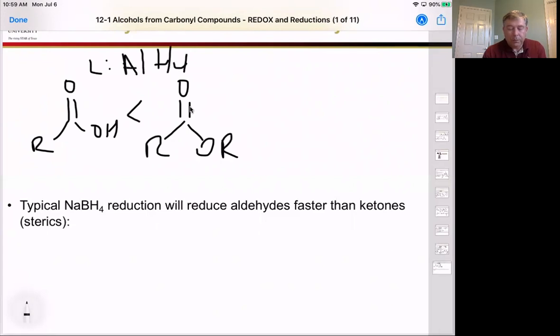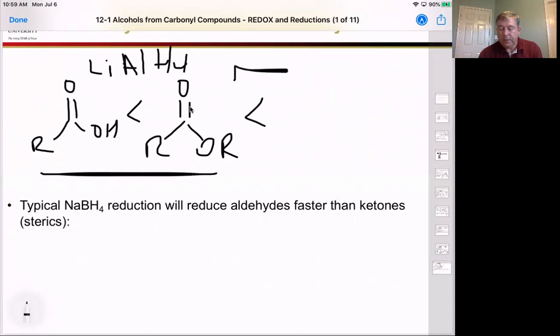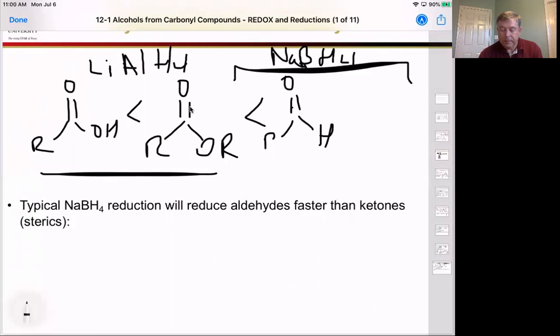It will reduce down those 2 groups. But sodium borohydride is not strong enough to reduce these down, so we can use sodium borohydride to reduce down things that are less oxidized and acid chlorides as well.